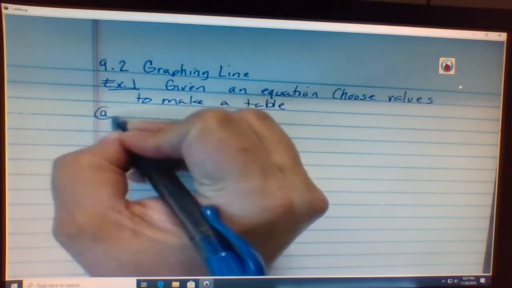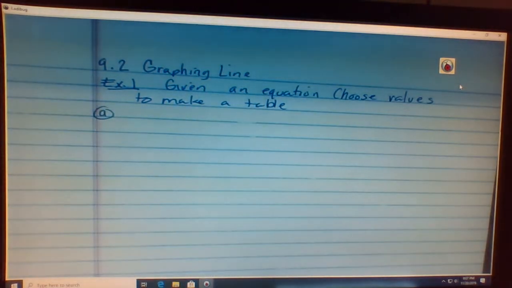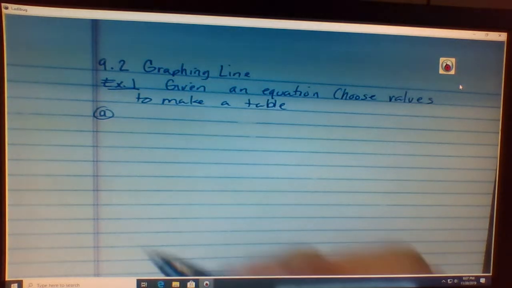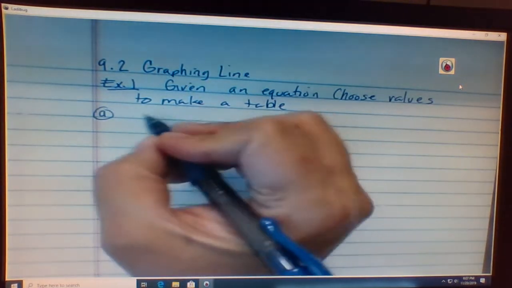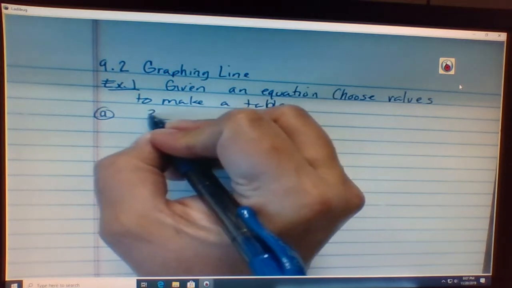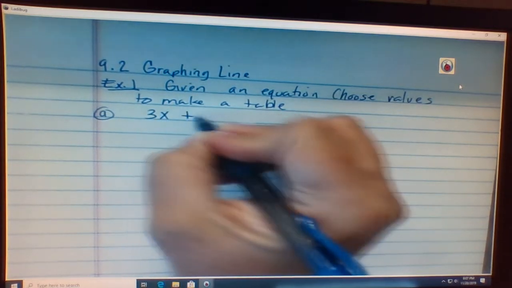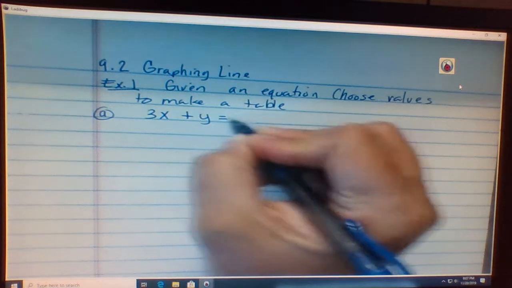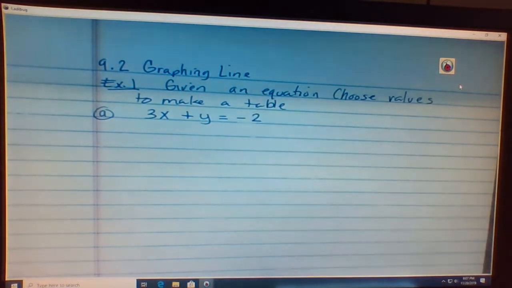So for the first problem, and you're going to see the difference between one and the other. For the first one, we're going to have problem 3x plus y equals -2.